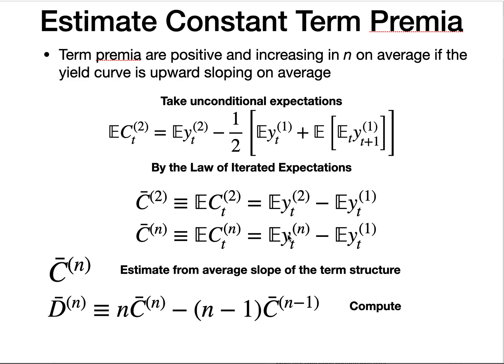And so we just can take all the data we have and estimate these means, and those are our term premia. So we're estimating the term premia from the average slope of the term structure.